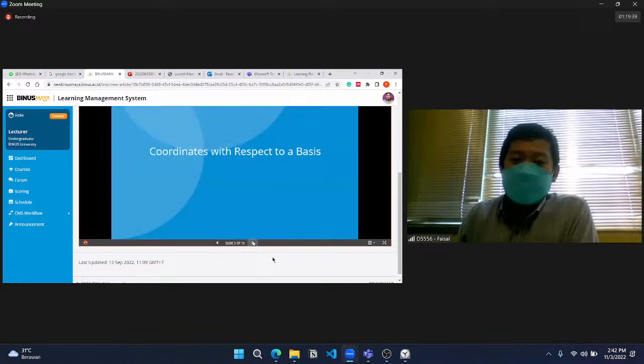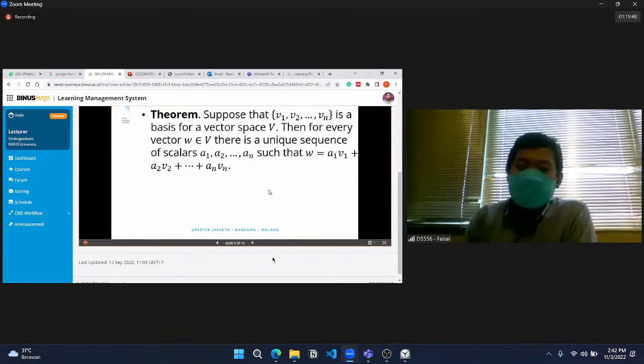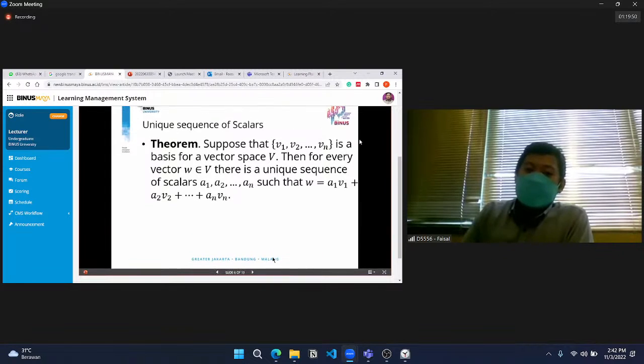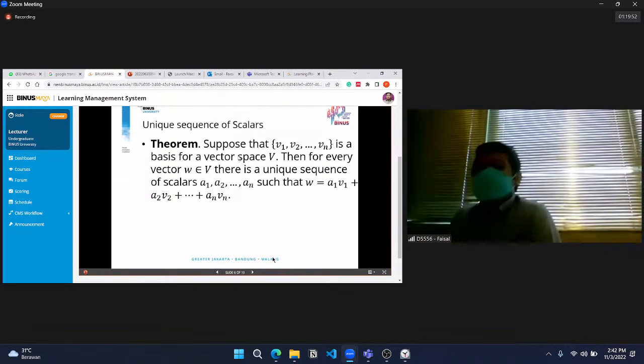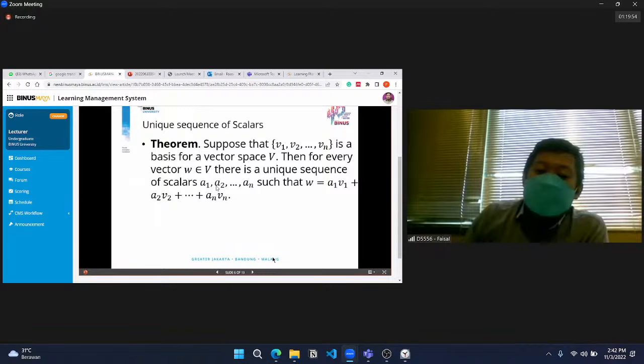So now we talk about a coordinate with respect to a basis. A coordinate is based on this theorem, on the unique sequence of scalars in the linear combination.